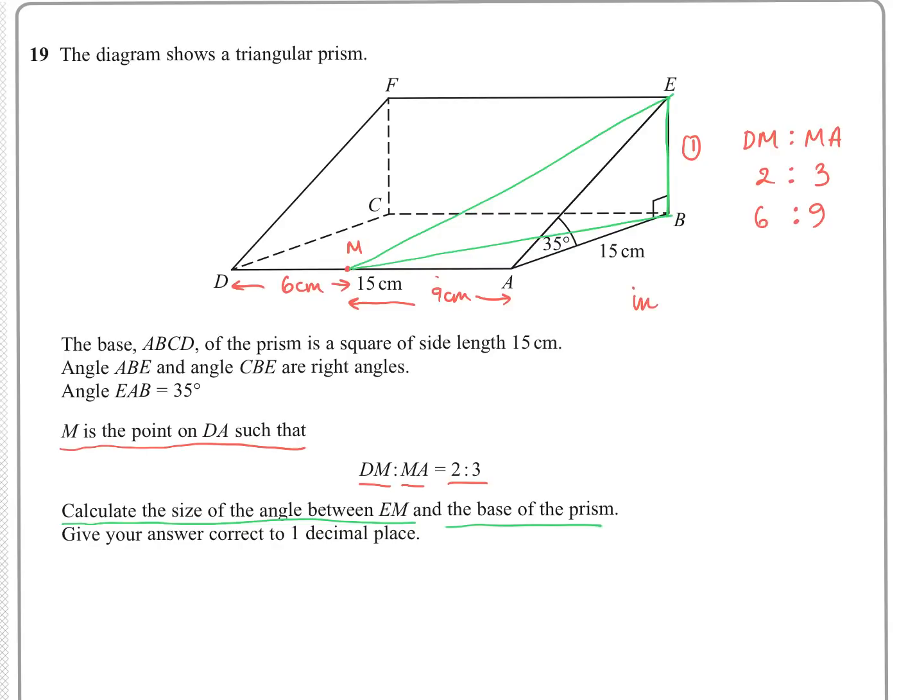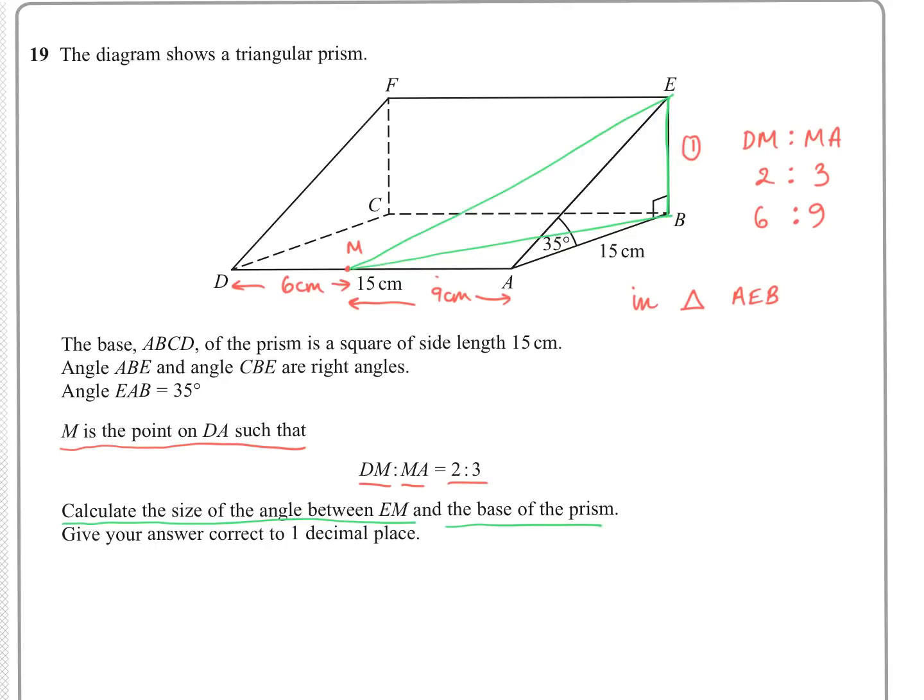So in triangle AEB, which is right angled, we've got an angle here, we've got to find the opposite, and we've got the adjacent.